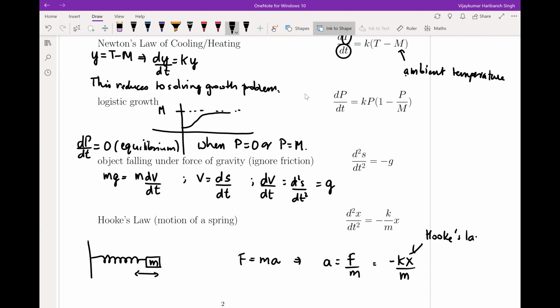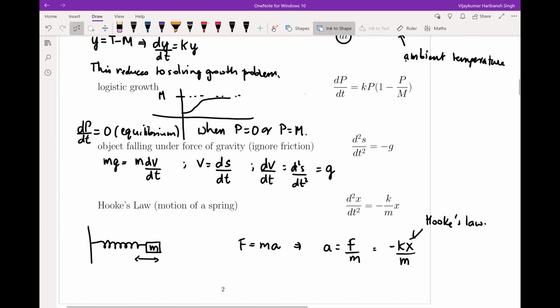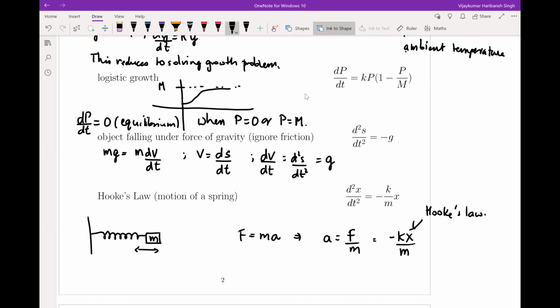So Hooke's law says that the force exerted on the spring is proportional to the elongation distance, right? So the force is proportional to the elongation x of the spring.